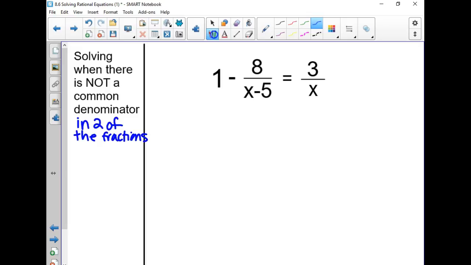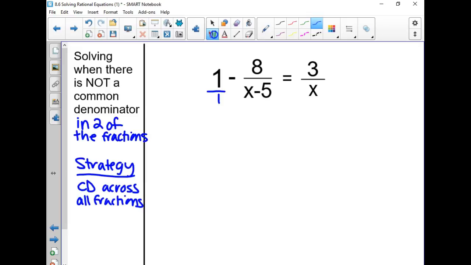This strategy, what I want is I want you to make it 1 over 1. And what we're going to do is get a common denominator across all the fractions.